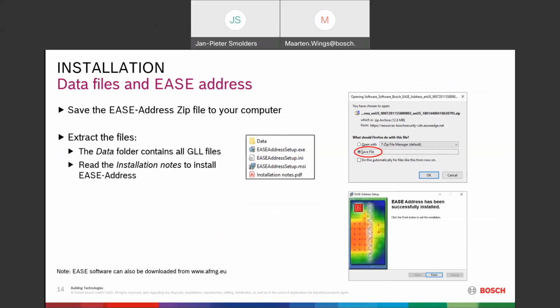The data folder contains all the GLL files of the loudspeakers from Bosch. And there's also an installation for EASE Address with an installation note. So you just read the installation note and go ahead with installing the EASE Address software. You can also, of course, download this software from the afmg.eu website. It's also available there.